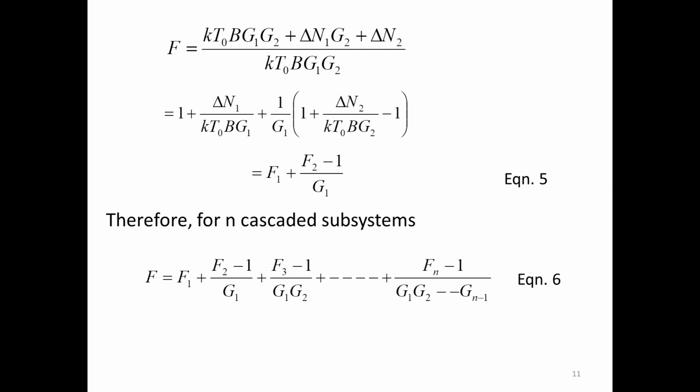Therefore, for n cascaded subsystems, it will give F equal to F1 plus F2 minus 1 over G1 plus F3 minus 1 over G1 G2, until you get to the last cascade, which will give Fn minus 1 over G1 G2 up to Gn minus 1, as equation 6.